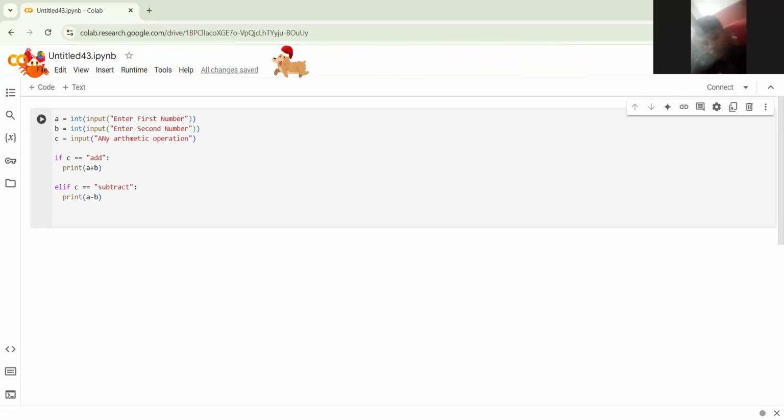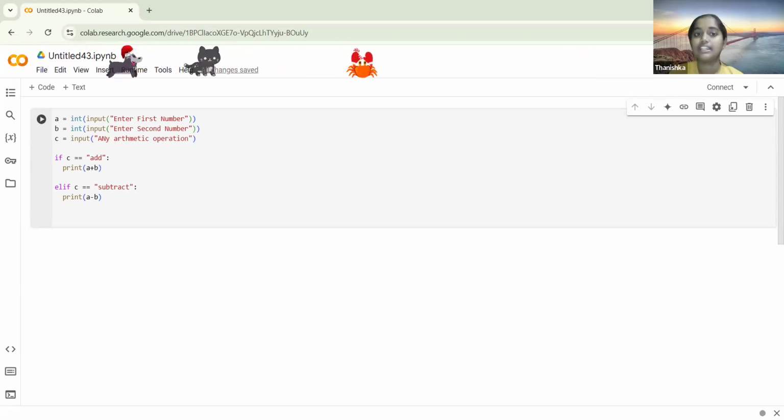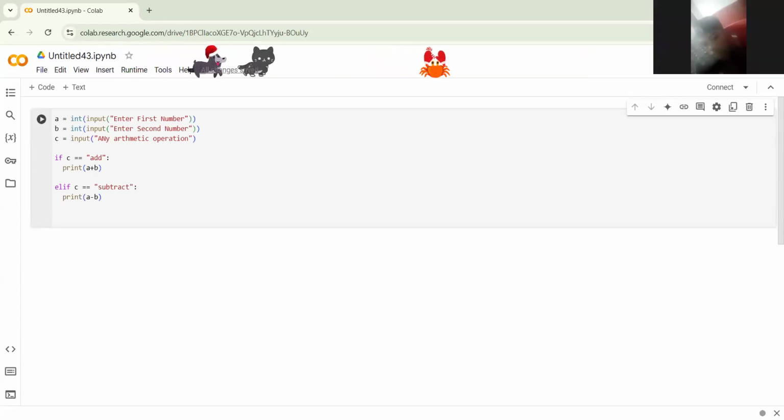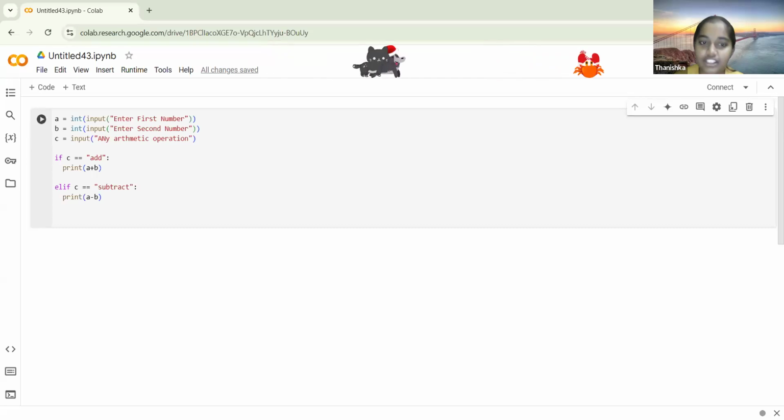If the second possibility is true, it shows the second code, and it goes on like that. If none of them are true, we can call it none, or we don't know. Then you use else at the end. At last we have to use else instead of elif. I think you guys understood.